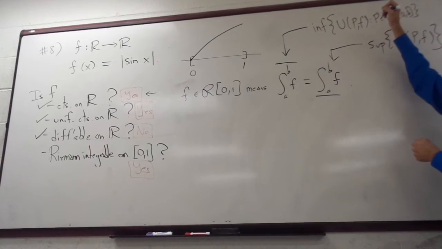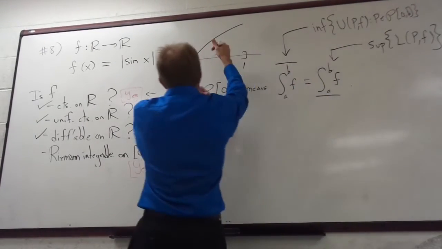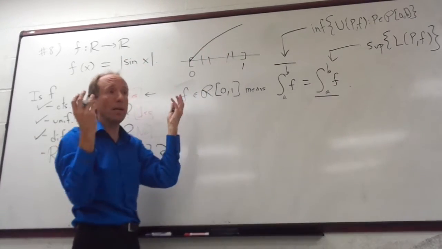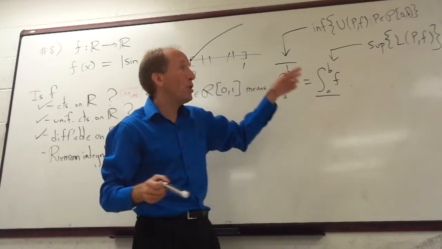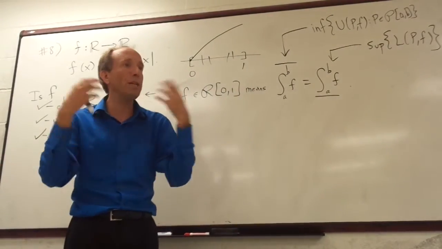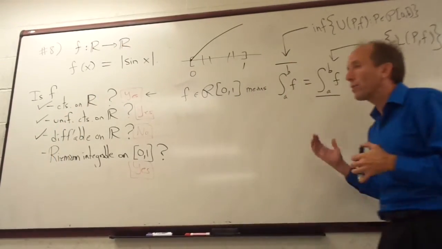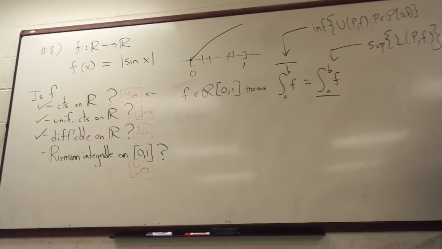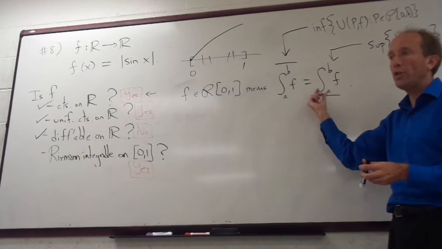Well, how many partitions is that? That's a massive number of partitions. There's a massive number of ways of chopping up this interval into subintervals, right? Nobody is going to spend their lifetime checking every partition to calculate the upper sums and lower sums and see whether it works or not. That is really not a practical thing to do. It's not practical to calculate this one, then calculate this one, and check if they're equal.